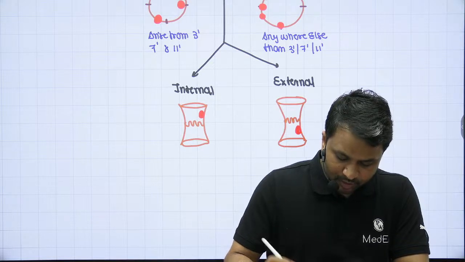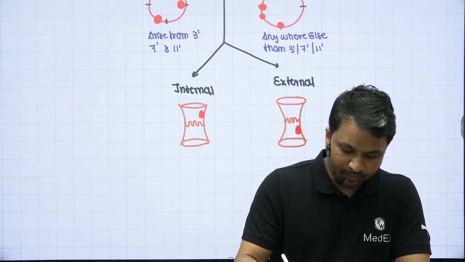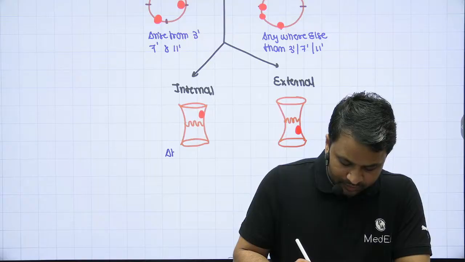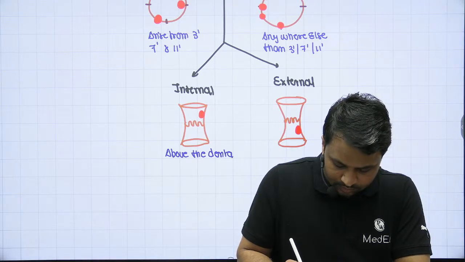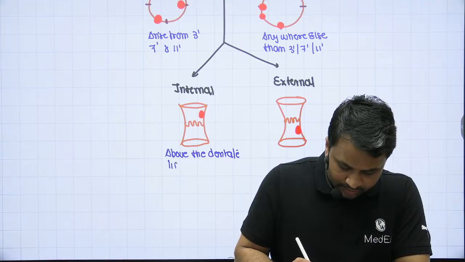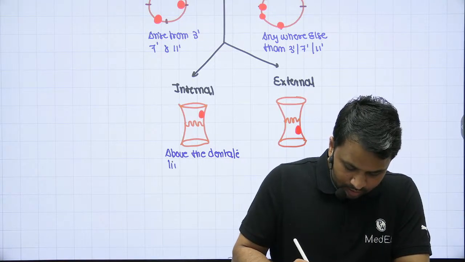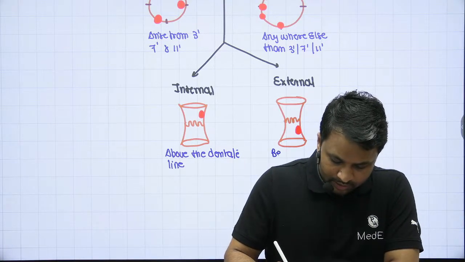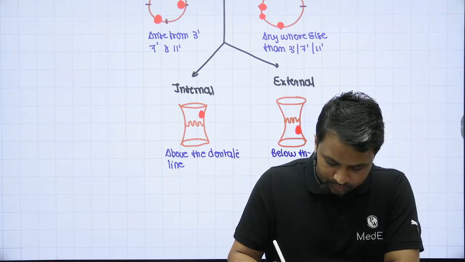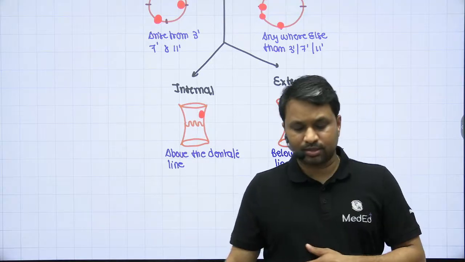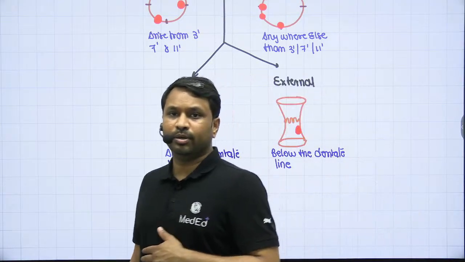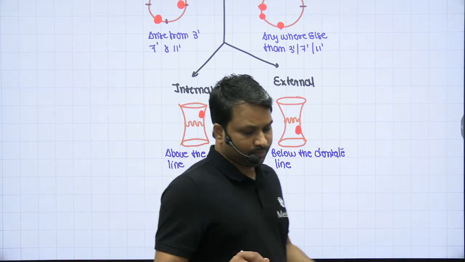If it is present below the dentate line, it is an external hemorrhoid.